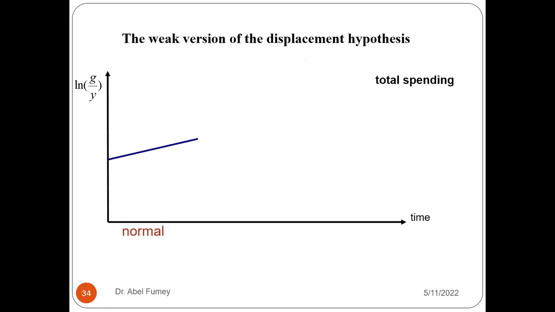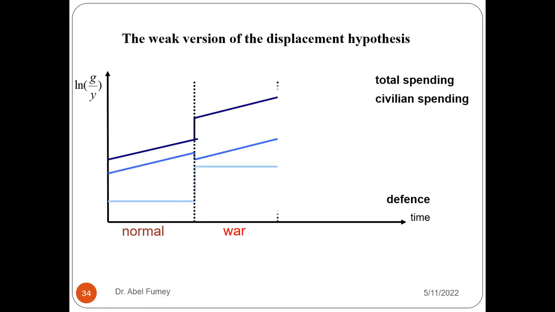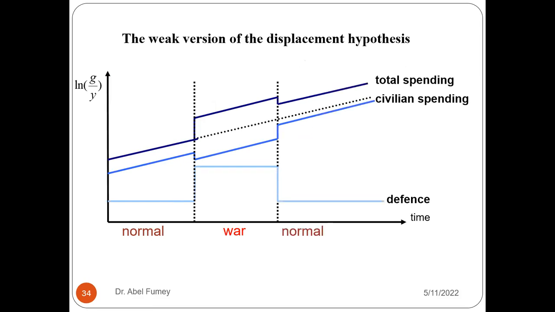Then this is a weak version of the displacement hypothesis. The idea is basically the same, but what they are trying to show here is that we see a trend in civilian spending. You see that there's an increase in the spending over time. So by the time we move from one normal time to another, we just see an increase in government spending.